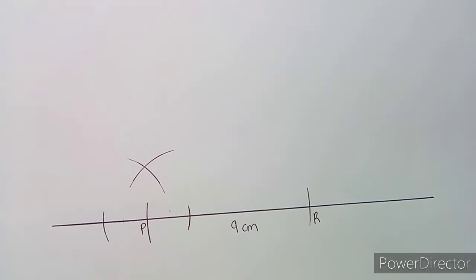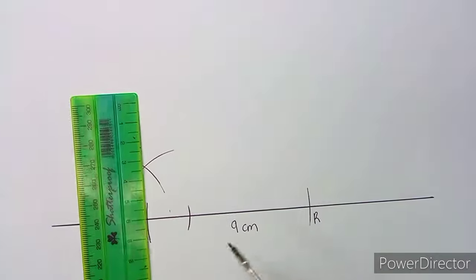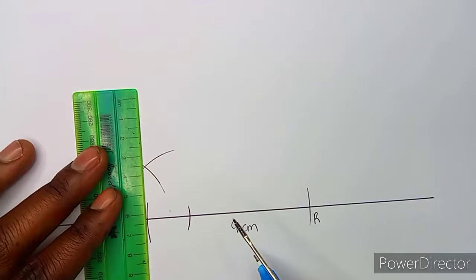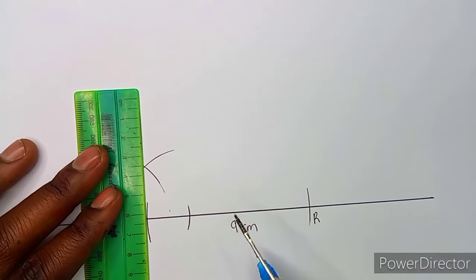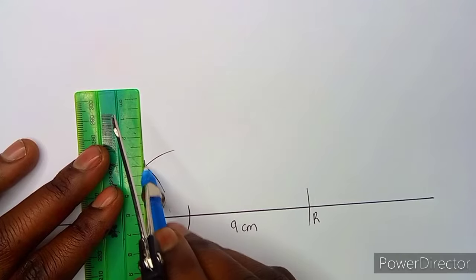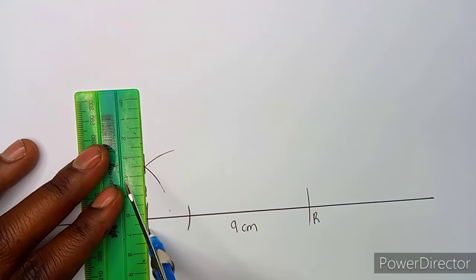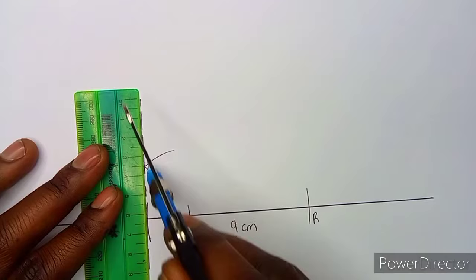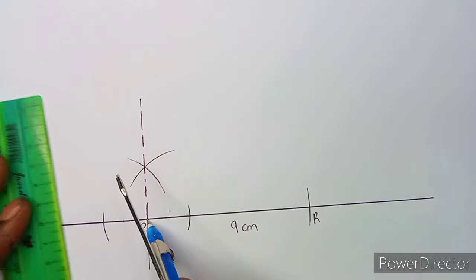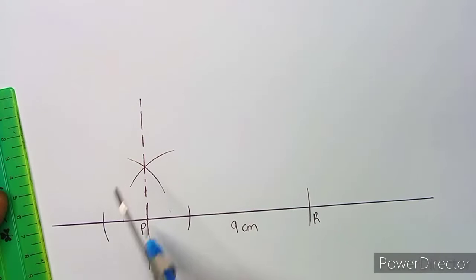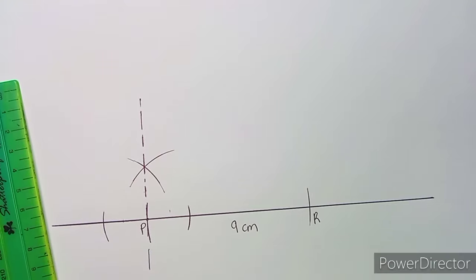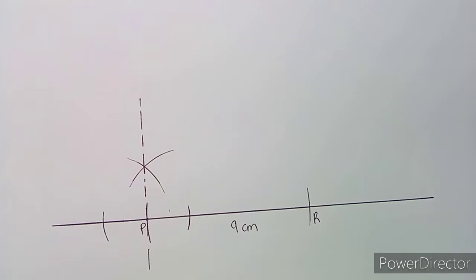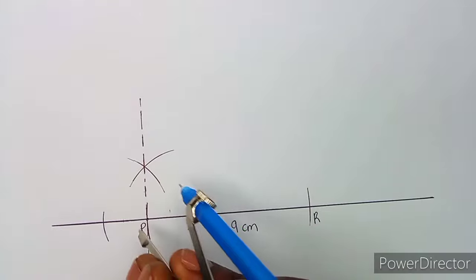So you join now, and this 90 degrees is not part of our answer, so I'm just going to use a broken line. It's just helping us determine the exact thing. So let us draw this as a broken line, passing that point, joining. Like I said, your reference point is this point at P, so the line is supposed to pass through this point here. So now let us bisect this angle. How do you bisect?